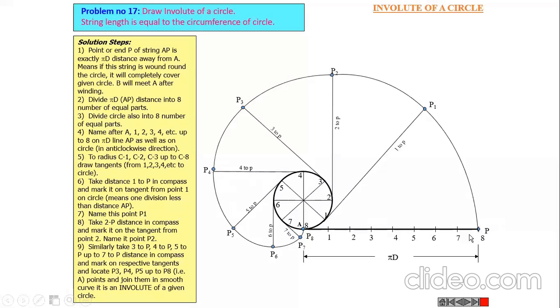Then 5 to P as a radius, 5 as a center, cut the fifth tangent. 6 to P as a radius, 6 as a center, cut the sixth tangent. Then 7 to P as a radius, cut the seventh tangent, that is P7, and P8 means P and 8 lie on the same point. Then join P, P1, P2, P3, P4 up to P8.